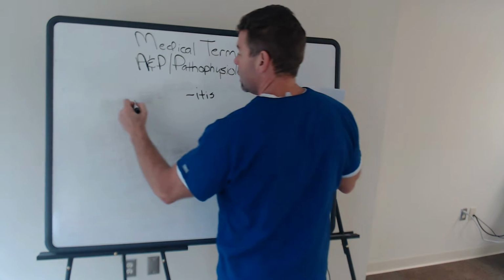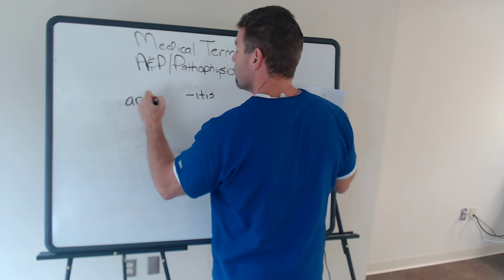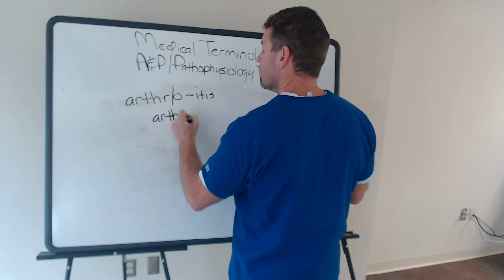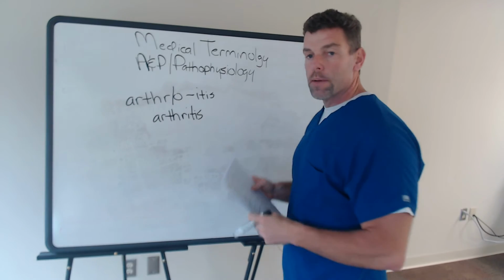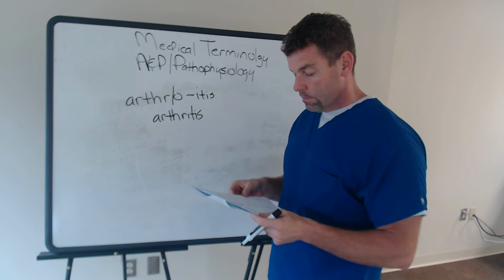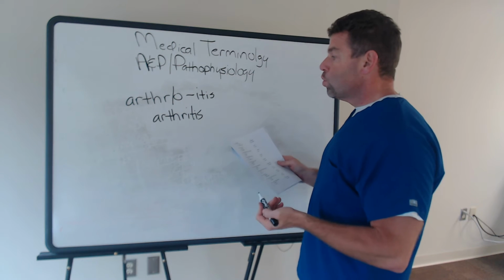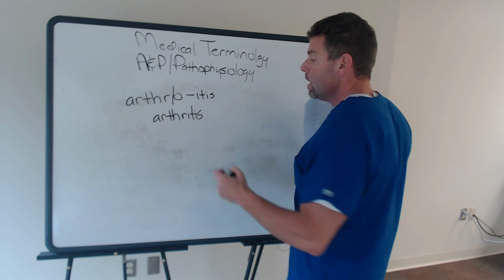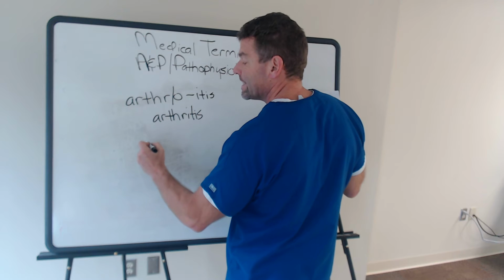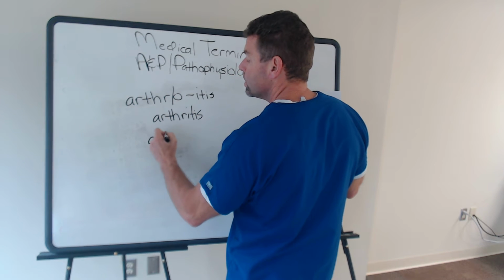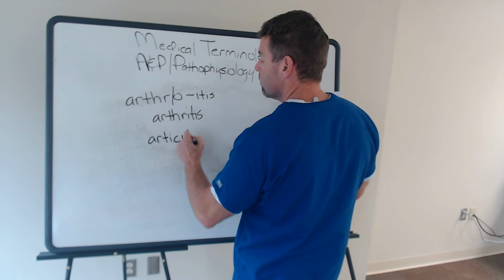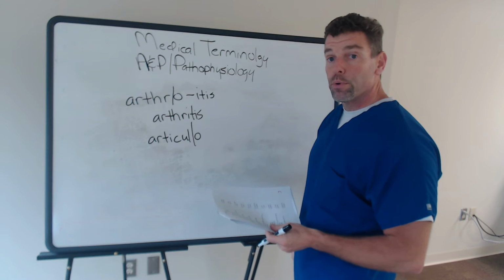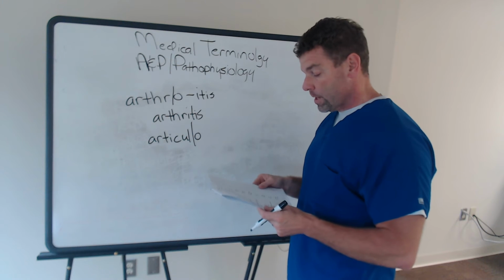If we add the combining form arthro, we get the term arthritis, for example. Now, you won't see this term used necessarily with itis, but another combining form that's a synonym for arthro is articulo. Articulo also means joint, just like arthro. Arthro and articulo are synonyms.